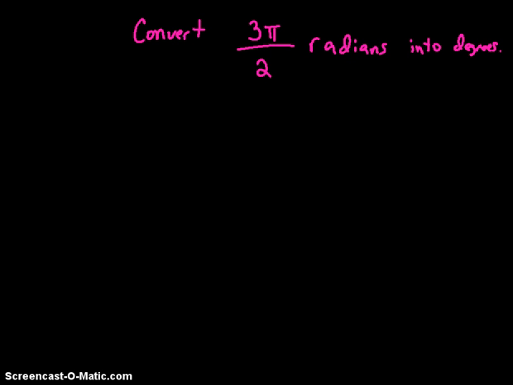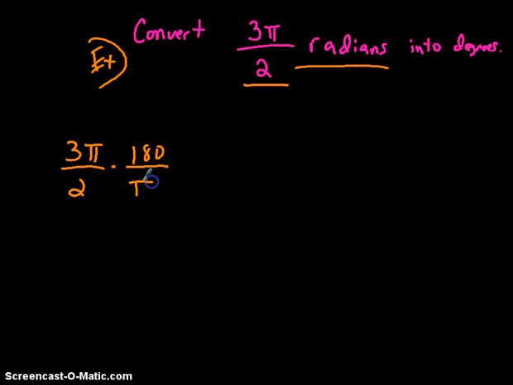Again, this example is not much different from the last one I gave, where it gives you 3 pi divided by 2 in radians, and you want to convert that into degrees. We multiply 3 pi divided by 2 by 180 over pi. I'm going to show you a second way afterward because it can save some work, but finishing the way you already know, we come up with 3 pi times 180, divided by 2 times pi.